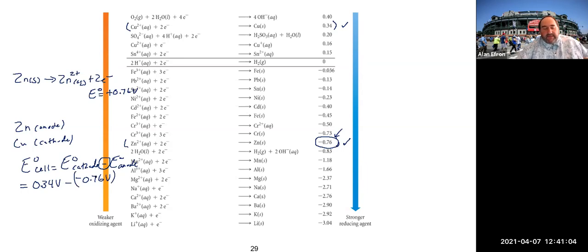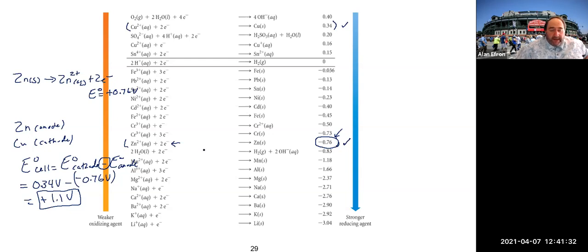And that obviously would get you 1.1 volts positive in this case for our cell voltage. Now, what I did here is I subtracted, so I took the table value just the way it was, even though technically this reaction was an oxidation reaction, right?